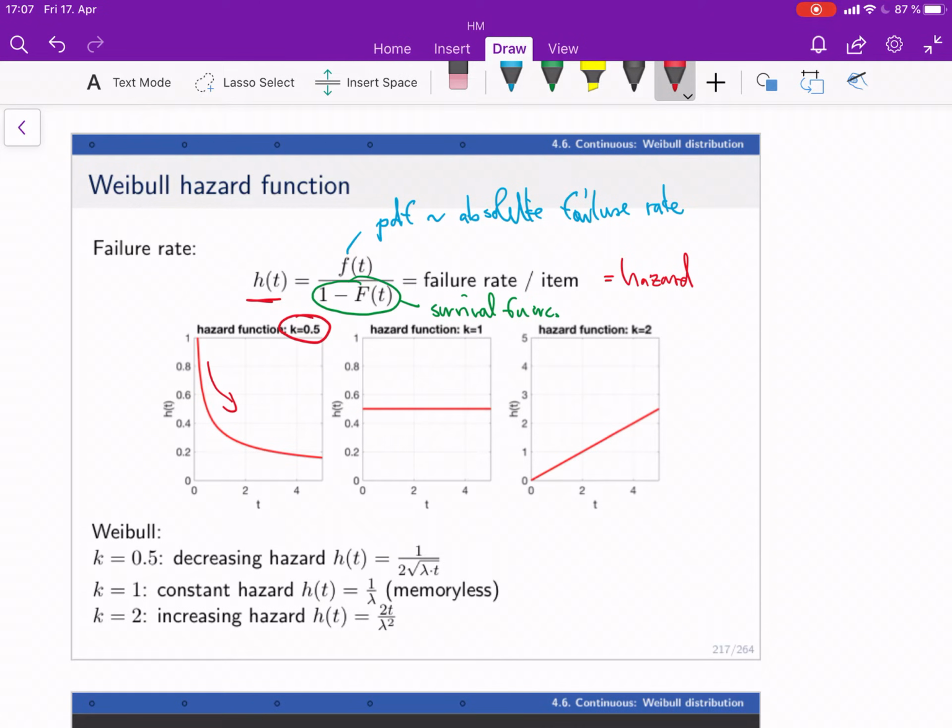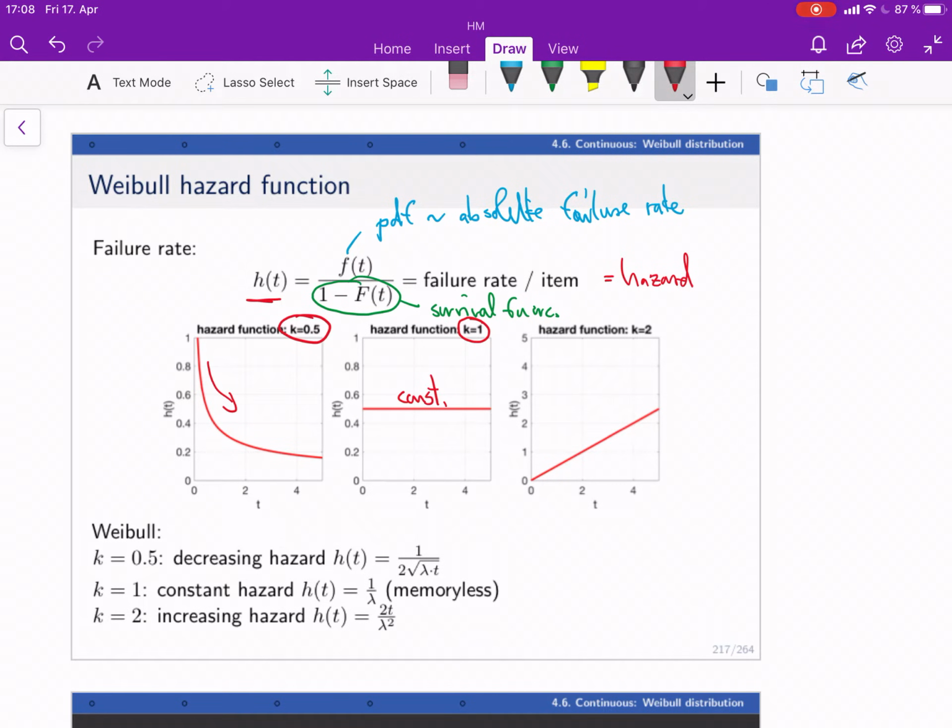So not only the PDF is going down, also the hazard. K equals 1 was also a monotonically decreasing PDF, but the hazard is constant. This is basically the continuous version of what we saw with the dice, with the binomial distribution earlier. PDF going down, but hazard constant, or with the coin flip it was, sorry.